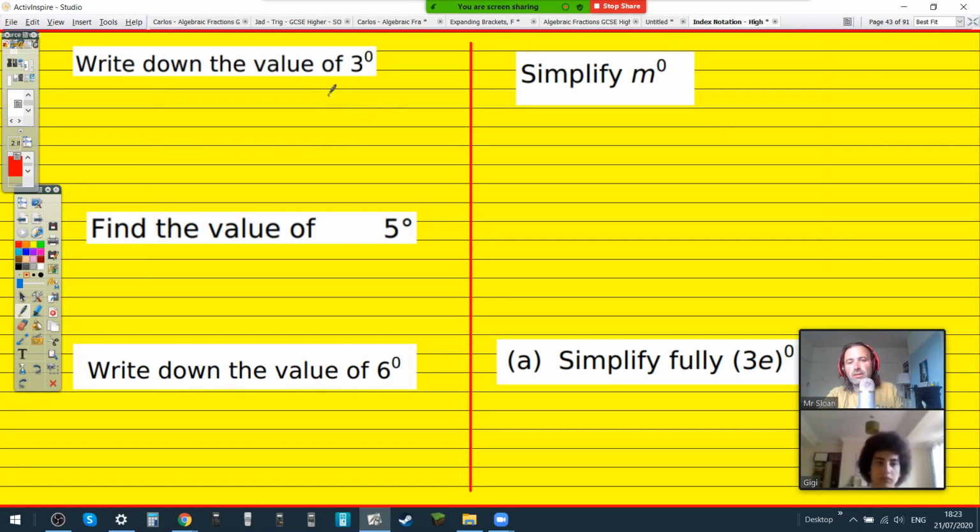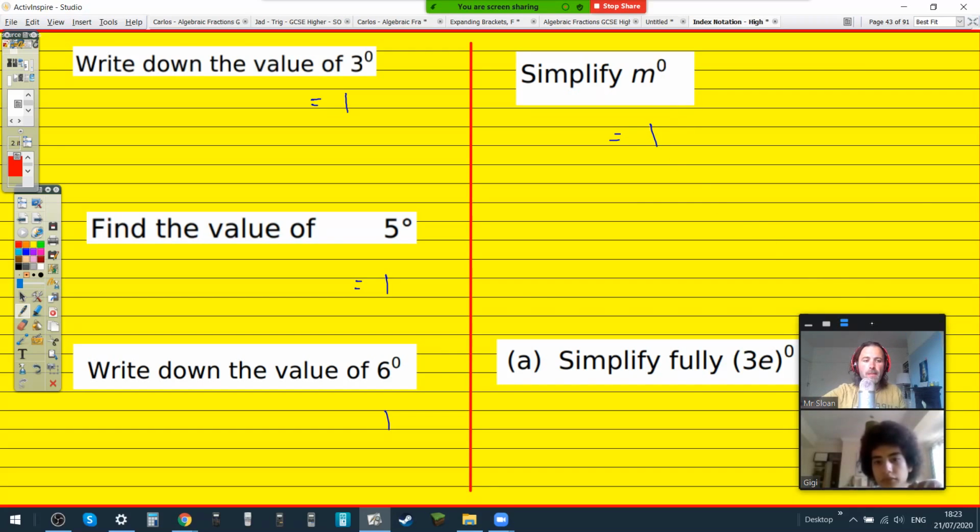Lots of exam questions. What are the answers? 1. Mm-hmm. 1. Yep. 1. Mm-hmm. 1.